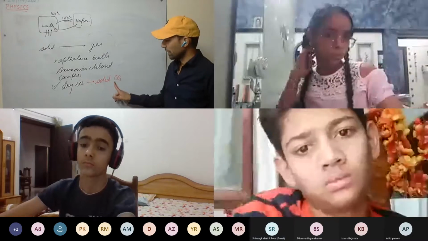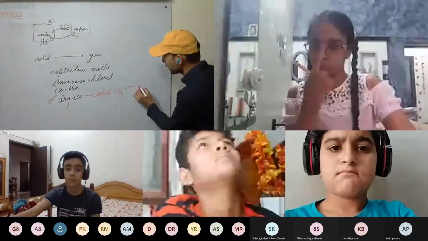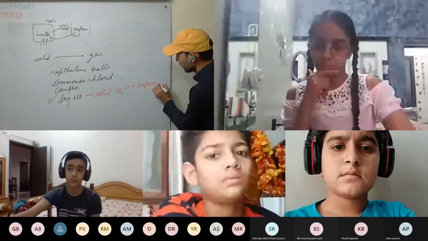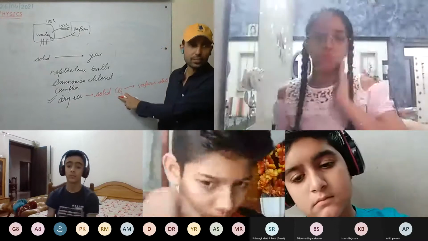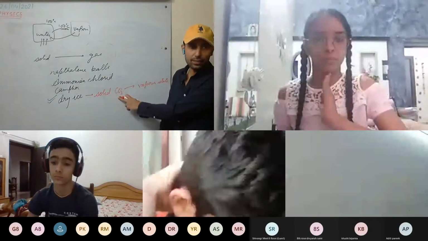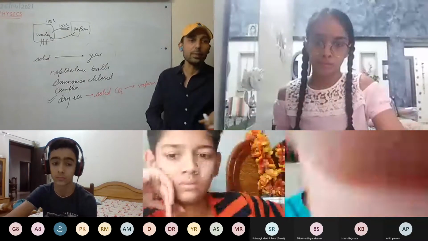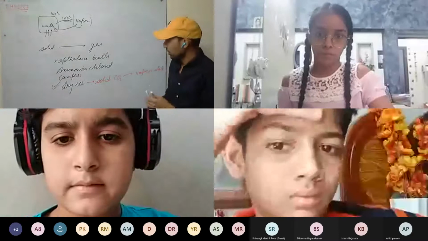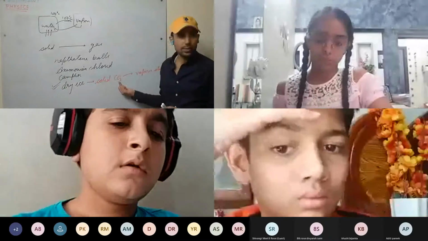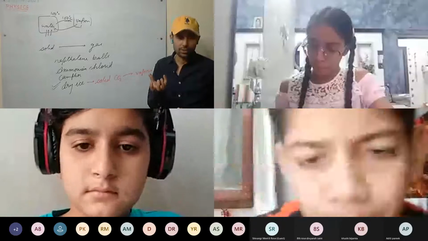Now see here, solid carbon dioxide. When it is getting converted into its vapor state, how is it going to convert into a vapor state? It will take heat from the surroundings. It means the surrounding will be cooled. So see here, solid CO2, it's dry ice, it's cooled at a very low temperature.